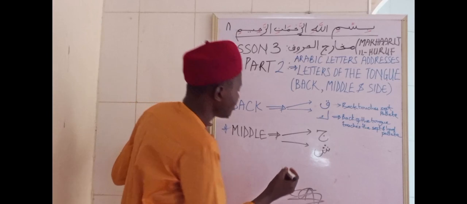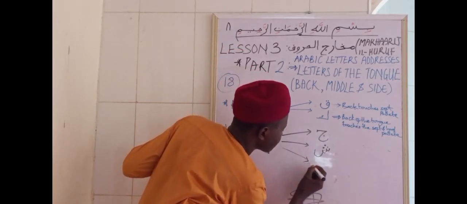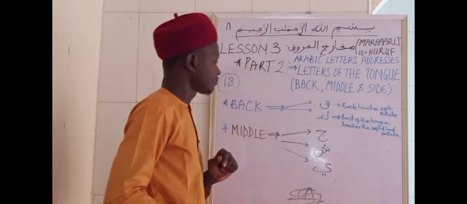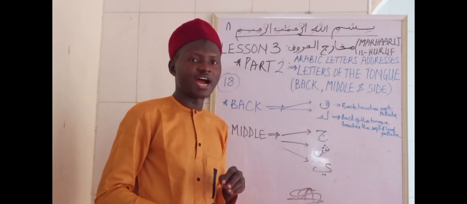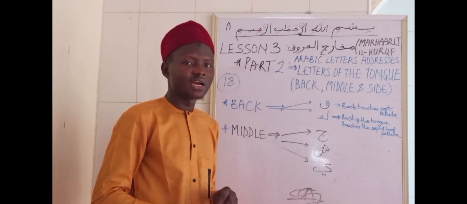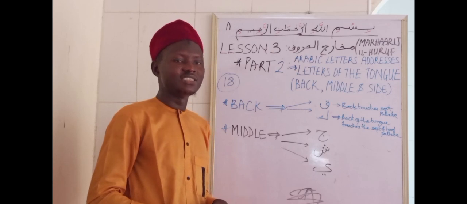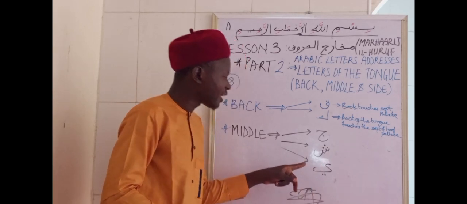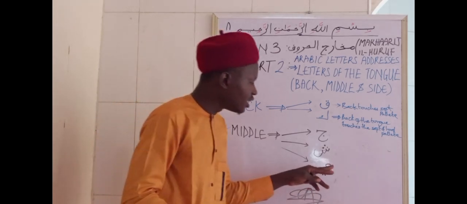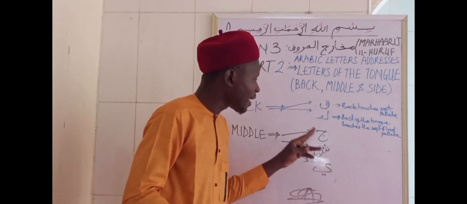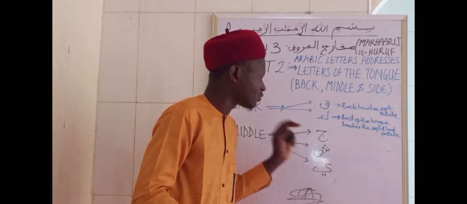Okay, the next one is yaa. Say it, yaa. Ay, ay, ay. For yaa, the middle part of the tongue moves a little bit up, but not as close to the middle palate as that of the sheen.